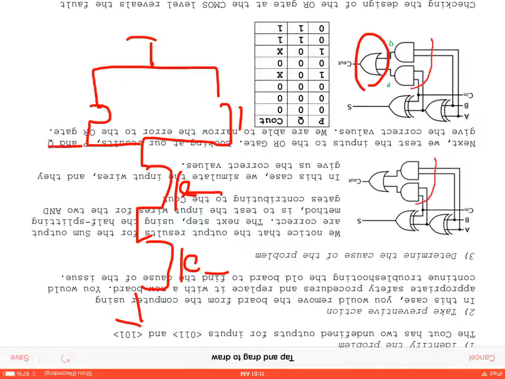And then we're going to have an inverter here, right? So the inverter seems to be working because we have both 0 and 1 coming on the output, right? So we have an instance where this is actually going to be 0 and 1 here. So P and Q, P and Q. So the instance is 0, 1, 0, 1.